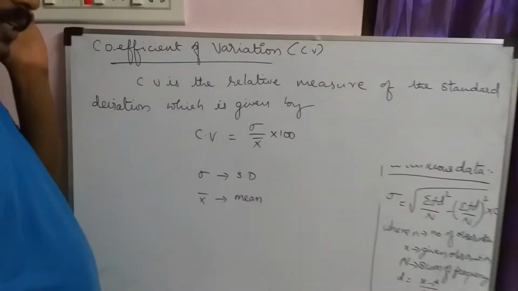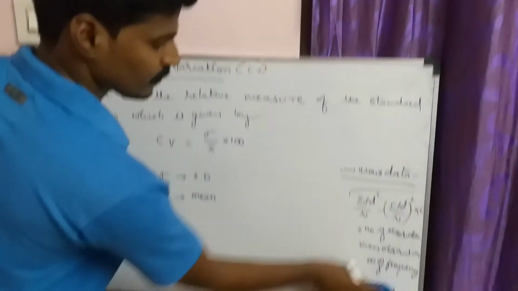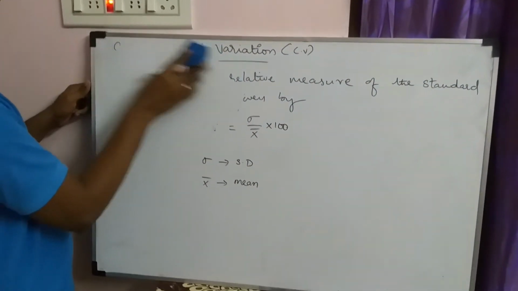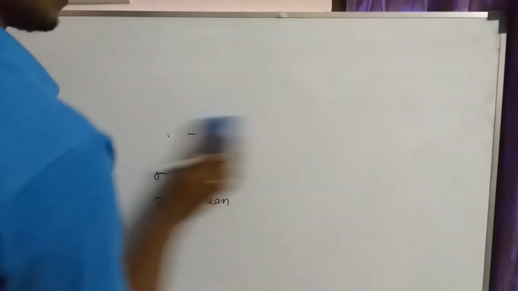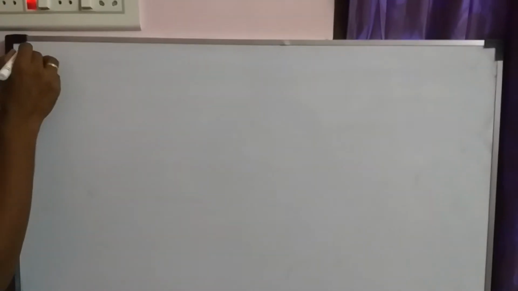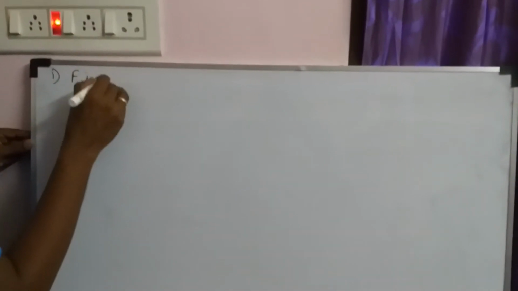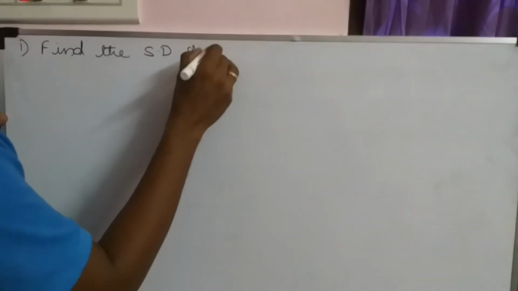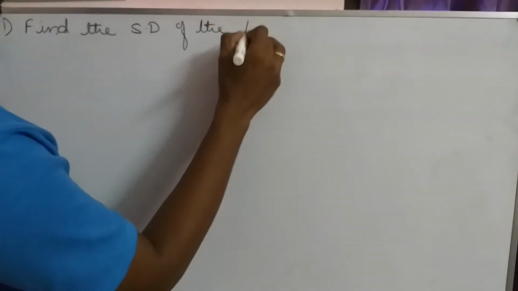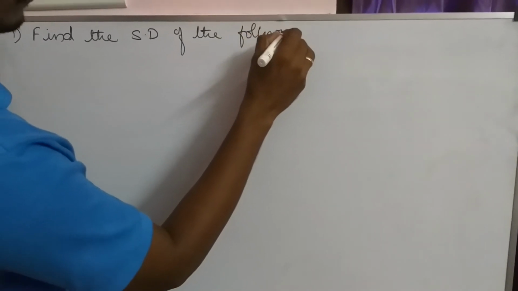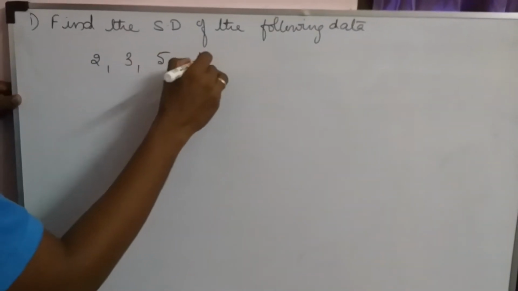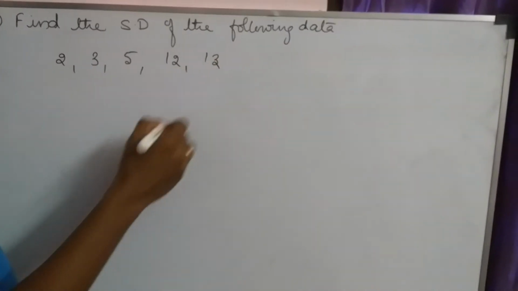Now we move on to the problems. The first problem, find the standard deviation of the following data: 2, 3, 5, 12 and 13.